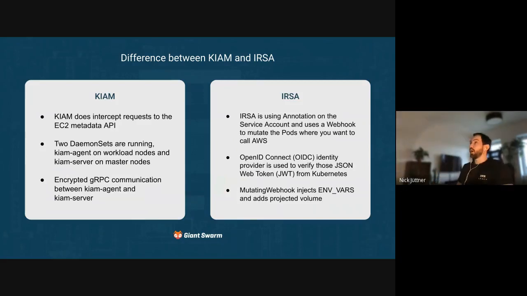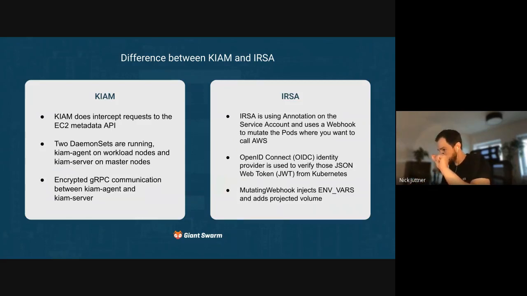This is something where you can provide config maps or secrets or anything like that. The projected volume is added to the pod, and you also get environment variables set at the pod level, with some information like which role to assume and so on. But we will look at this a bit later.